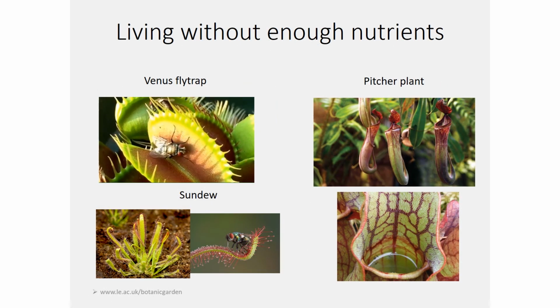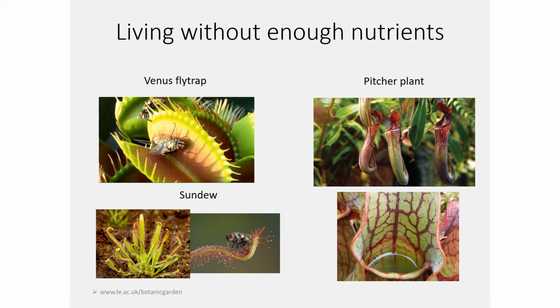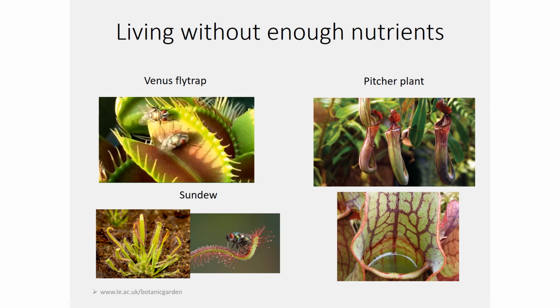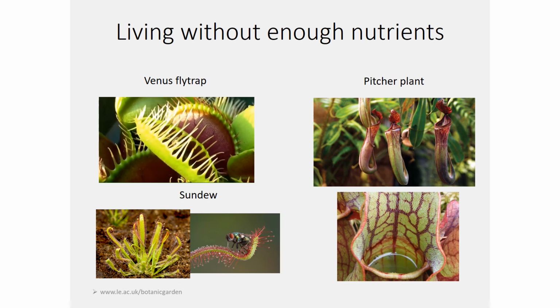Some plants live where the soil is poor and there aren't enough nutrients, so they trap insects and digest them to get these nutrients. Watch this Venus flytrap catch 2 flies.